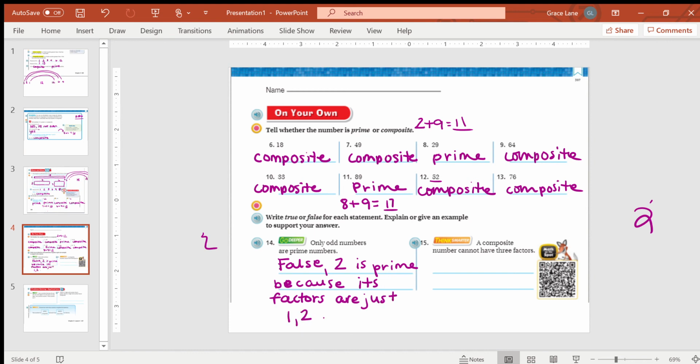So since the factors are just 1 times itself, that makes the number prime. It doesn't have any other factors, and 2 is even. So this statement for 14 is false.